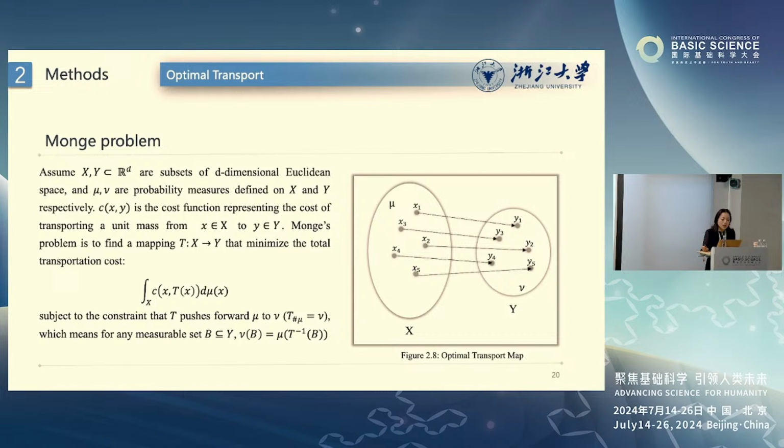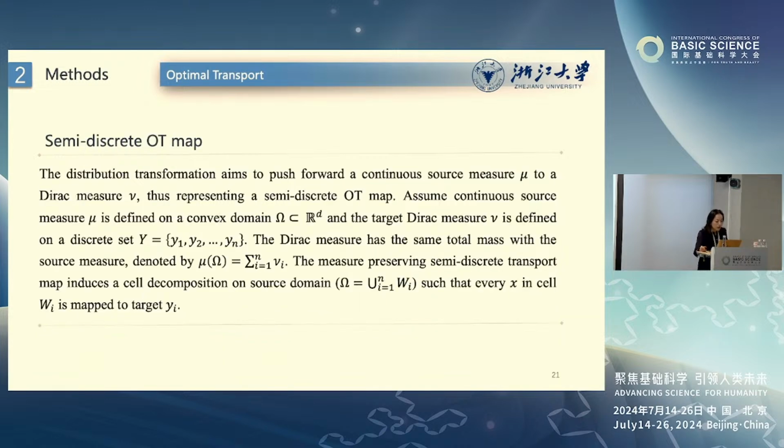So motion is to min transport. Also, this here we will introduce our how we discretize the semi-discrete OT map. The distribution forward to continuous south map.